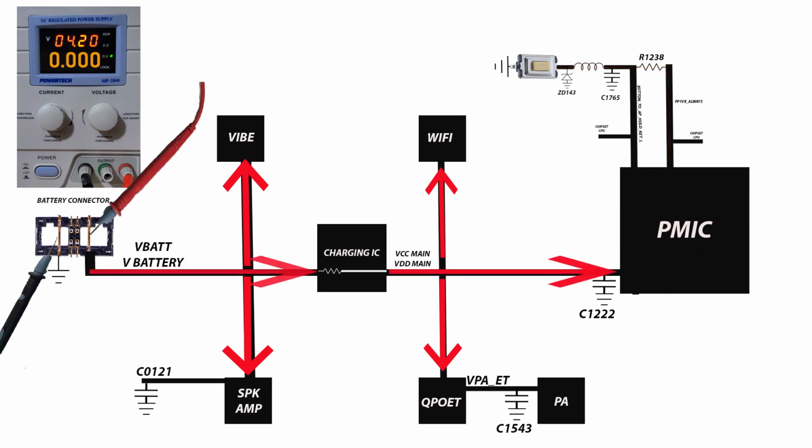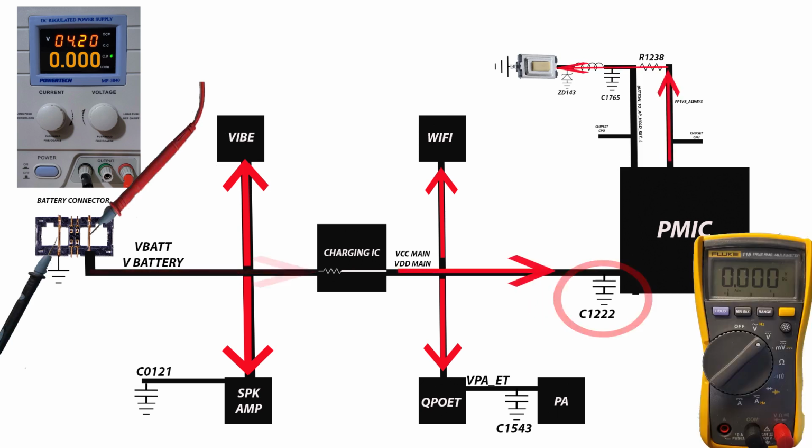Now, how to check the voltage in here. For testing, measuring the voltage, you can see, for example, around the PMU we have a C1222 capacitor. First, we want to use the multimeter.